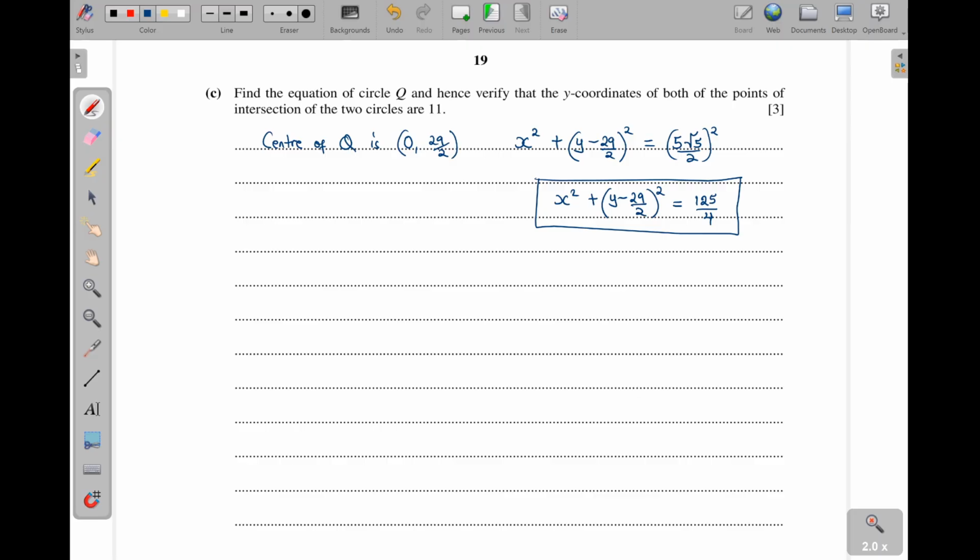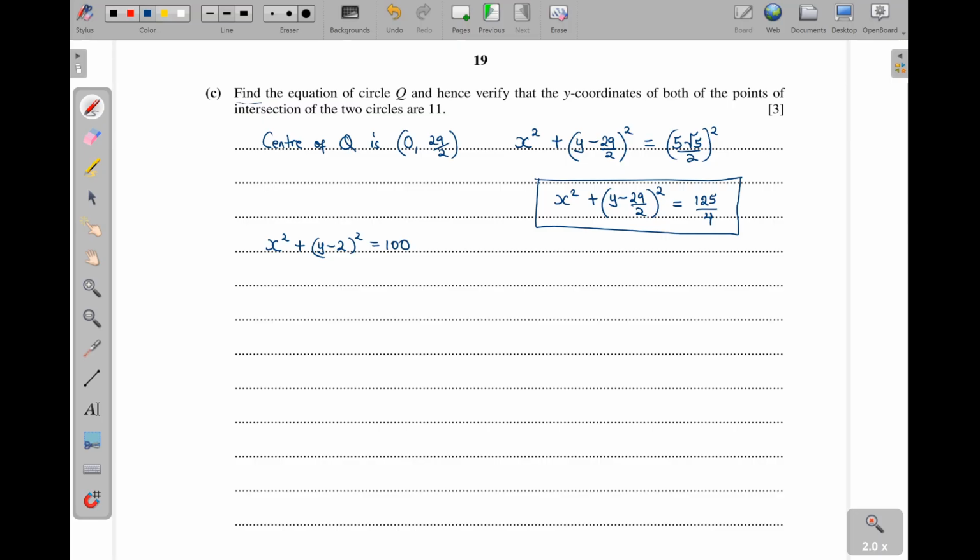Now, from here, they are saying to verify the y-coordinates of the points of intersection of the two circles. So I'm supposed to solve these two circles simultaneously. Remember, the equation of circle P is x² + (y - 2)² = 100. I can eliminate x here.